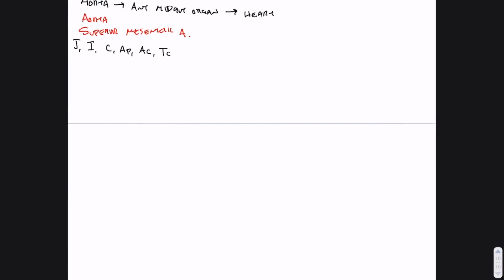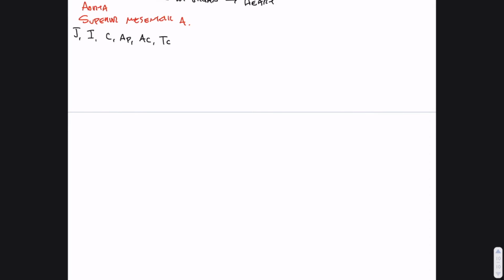Let's say Mark tells you to go to any hindgut organ. So the aorta to any hindgut organ. You need to know what the hindgut organs are. He won't just say go to the hindgut.